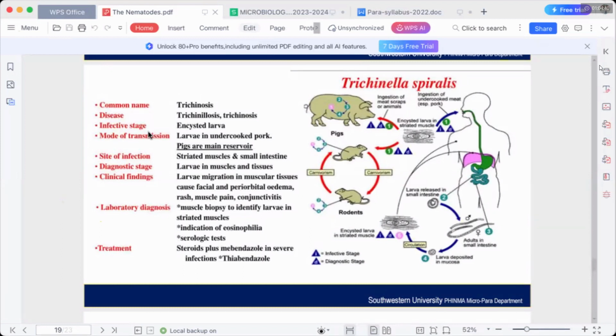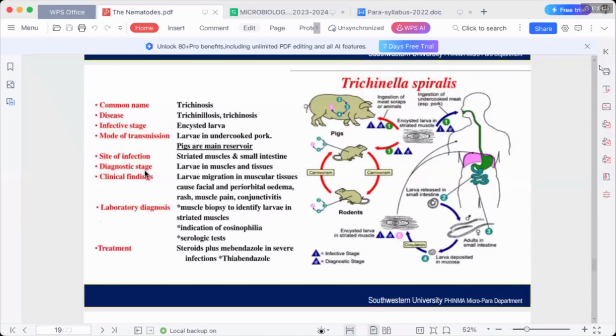The infective stage is your encysted larvae, through undercooked meat. The pig is your main reservoir. And the site of infection is the striated muscles and small intestine.